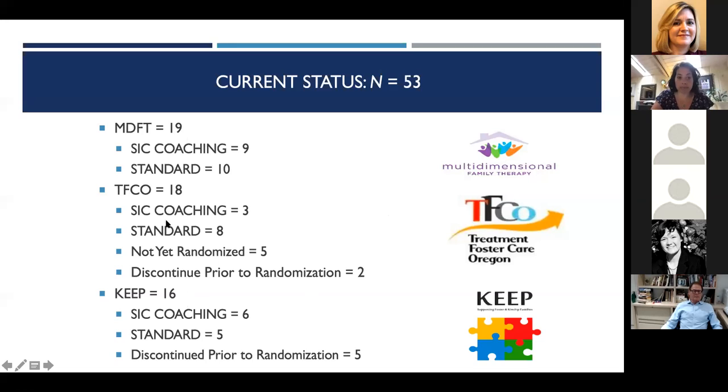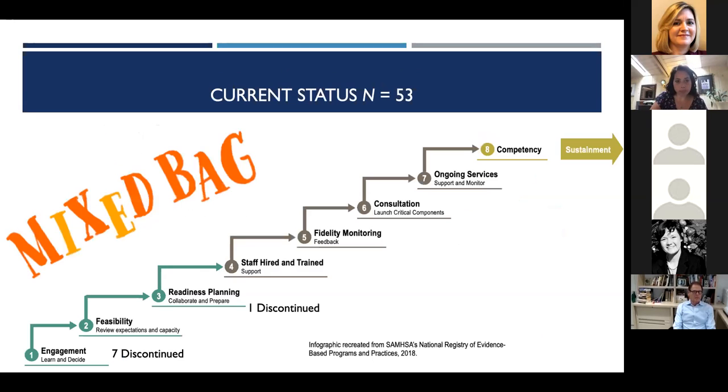And then you see that we have a couple of teams from TFCO and KEEP that discontinued prior to randomization. We are randomizing in stage 2, and the reason for that is because of the nature of the engagement stage 1. That's not anything where we are able to withhold information from a particular site if they got randomized to the standard condition.